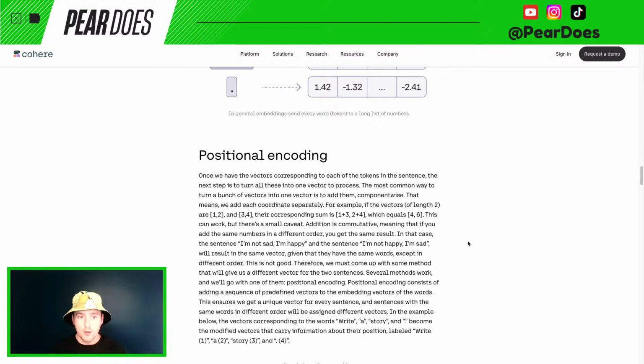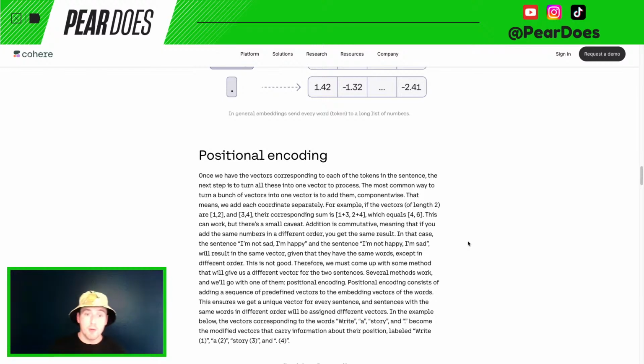This can work, but there's a small caveat. Addition is commutative, meaning that if you add the same numbers in a different order, you get the same result. In that case, the sentence "I'm not sad, I'm happy" and the sentence "I'm not happy, I'm sad" will result in the same vector, given they have the same words except in different order, which is not good for us. Good thing we learned about this.